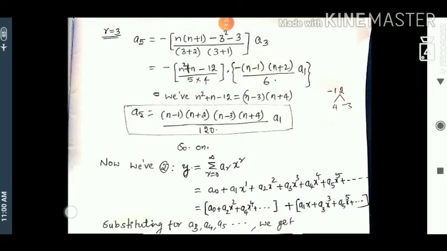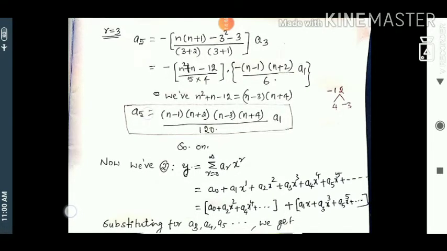We already evaluated a3 as minus of n minus 1, n plus 2 divided by 6 into a1, and also n square plus n minus 12 we can factorize as n minus 3 into n plus 4. So we replace it and finally write the expression for a5 as n minus 1, because negative negative cancel, n minus 1 into n plus 2 into n minus 3 into n plus 4 divided by 120 into a1. So this is a5.